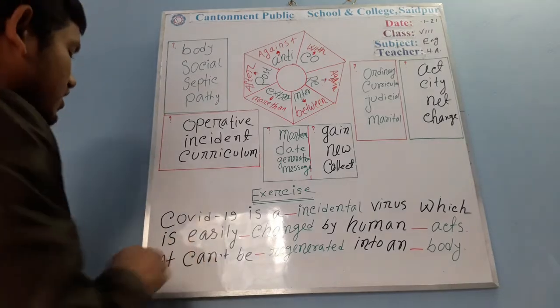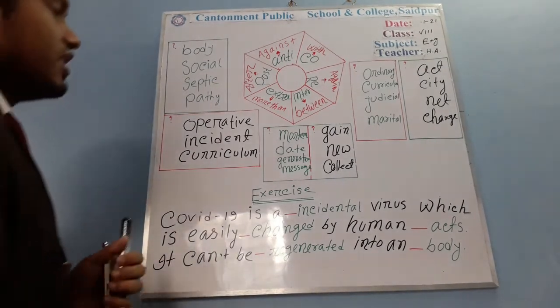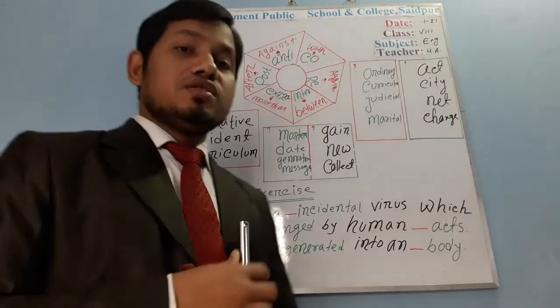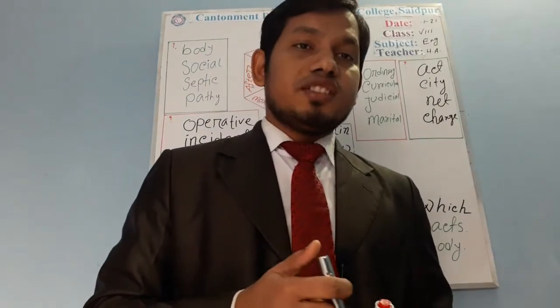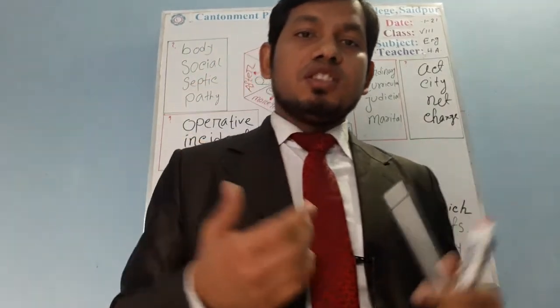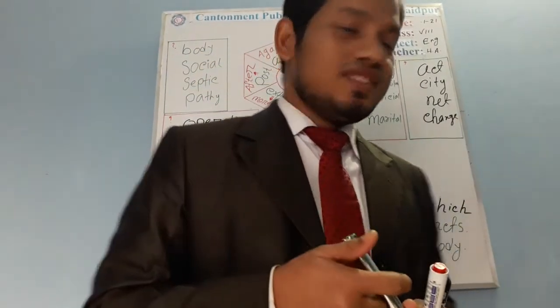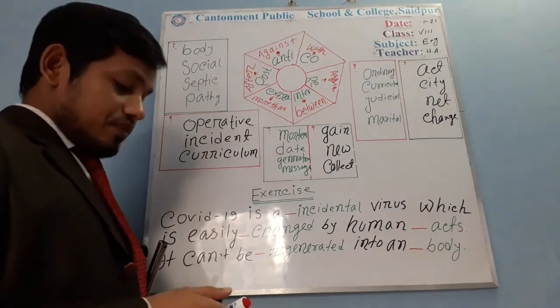If you want to use a perfect prefix in a sentence, you must go through the full sentence, because it depends on the meaning. Which meaning do you want to get here, learners?